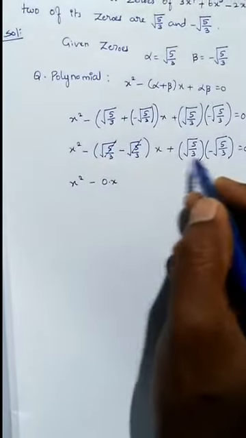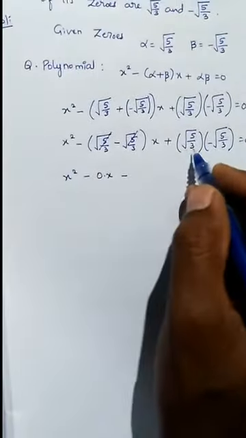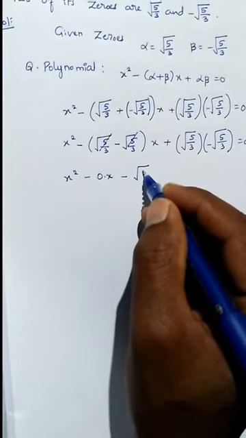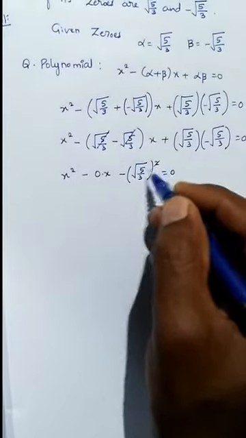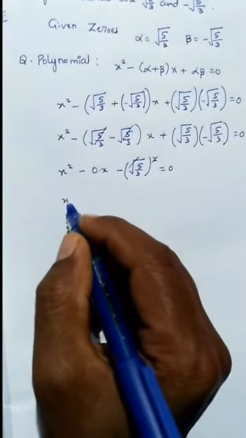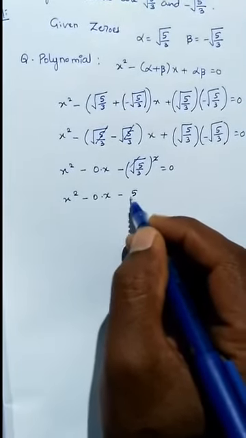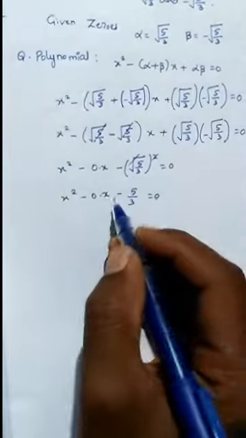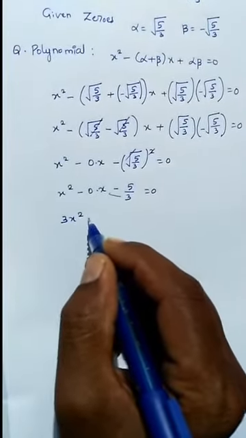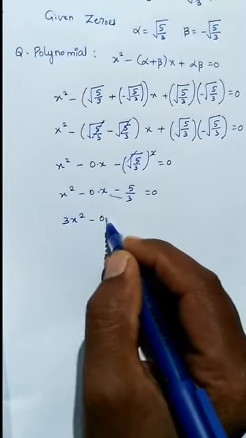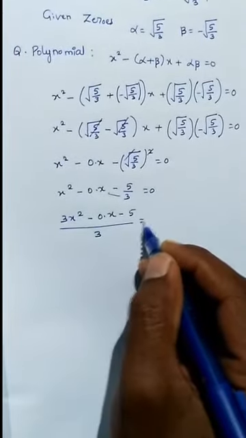And the remaining plus is the multiplication: plus into minus, minus root 5 by 3 into root 5 by 3, which we can write as minus (root 5 by 3) whole square equal to 0. Now square and root cancel, so remaining x square minus 0 into x minus 5 by 3 equal to 0. Do the cross multiplication now, so we get 3x square minus 0 into x minus 5 by 3 equal to 0.